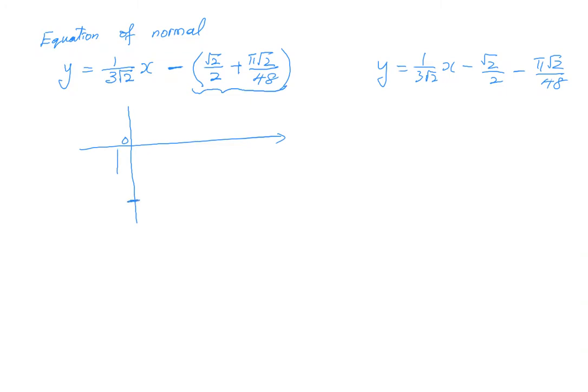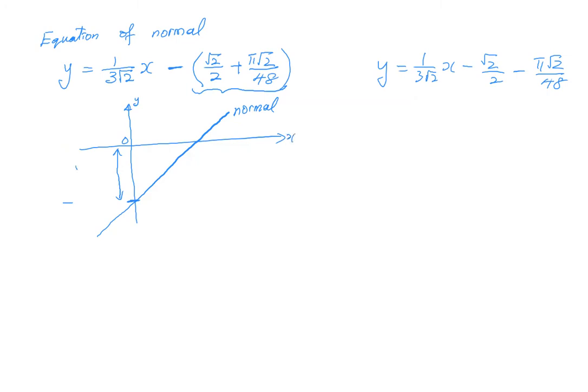So this distance, so this is the normal. So you have to judge, huh? If one is minus, one is plus, then you better judge whether the approximate value is positive or negative, so that you know where is the location of the y-intercept. Do you get me?